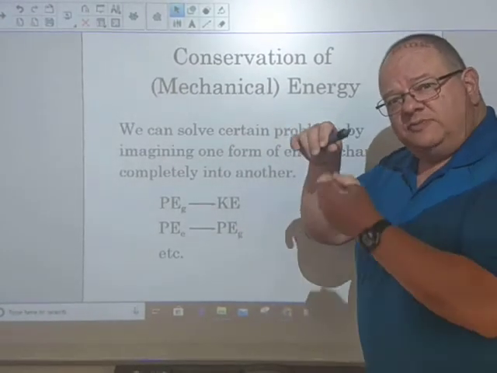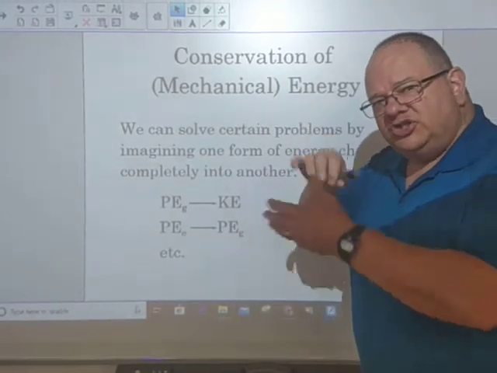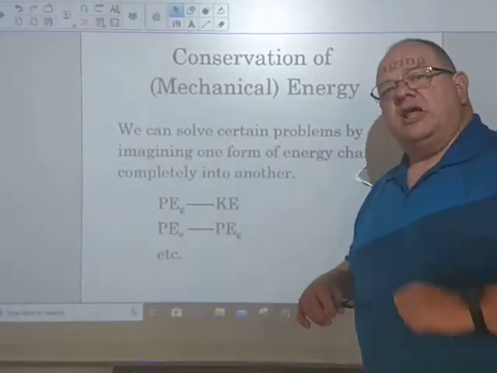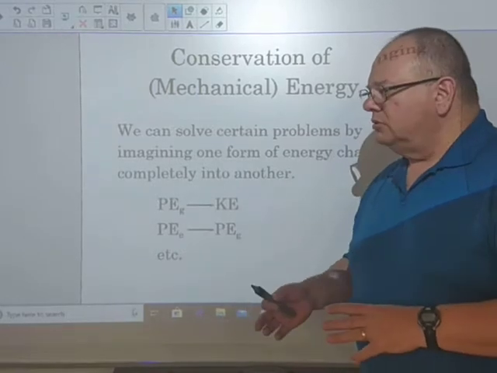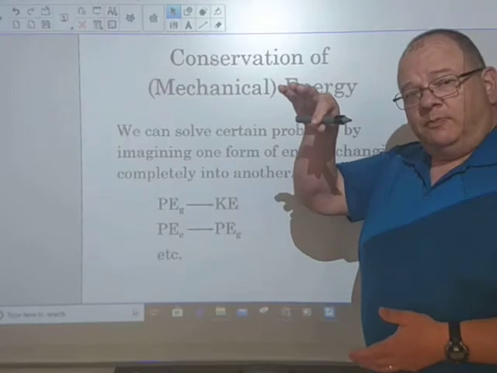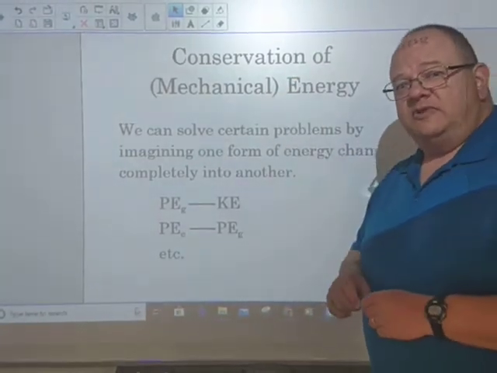But as it's falling, it's moving faster and faster, so its gravitational potential is changing into kinetic. Right at the instant it hits the floor, it's going to have its maximum kinetic energy and its minimum gravitational potential energy. At the top point, before it starts moving, it's got its minimum kinetic and its maximum gravitational.